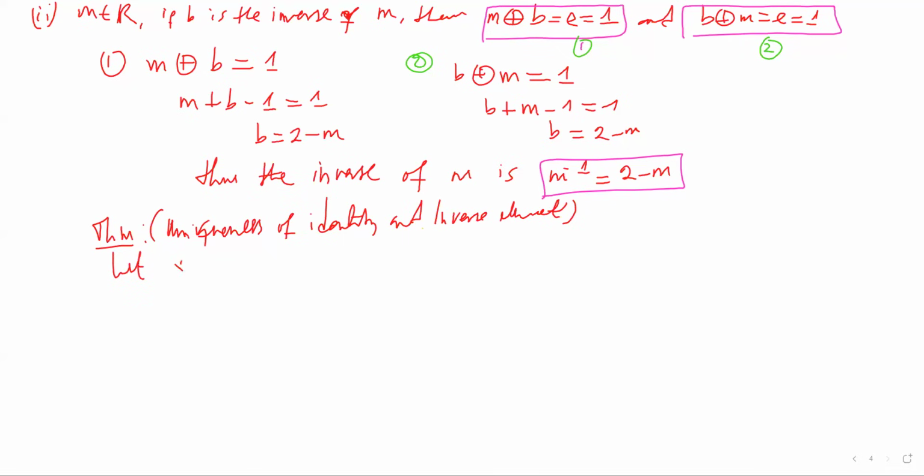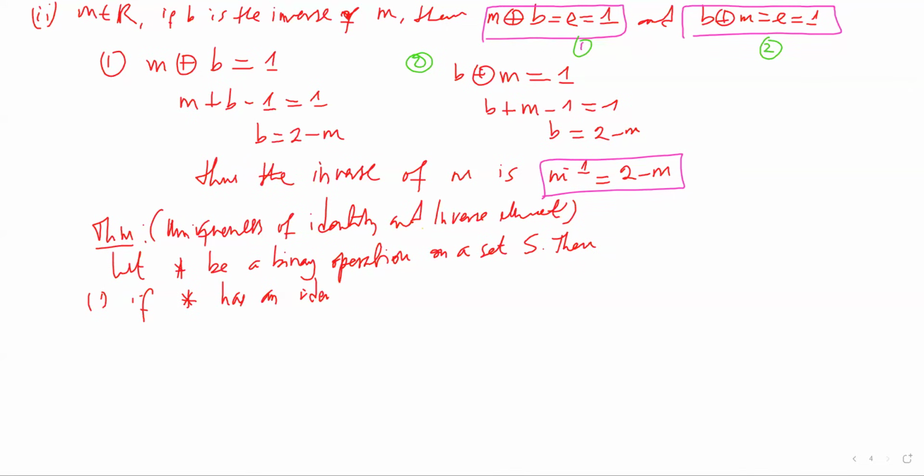Say that you take an operation star, be a binary operation on a set S. Then 1: if it has an identity element, then this identity element must be unique.